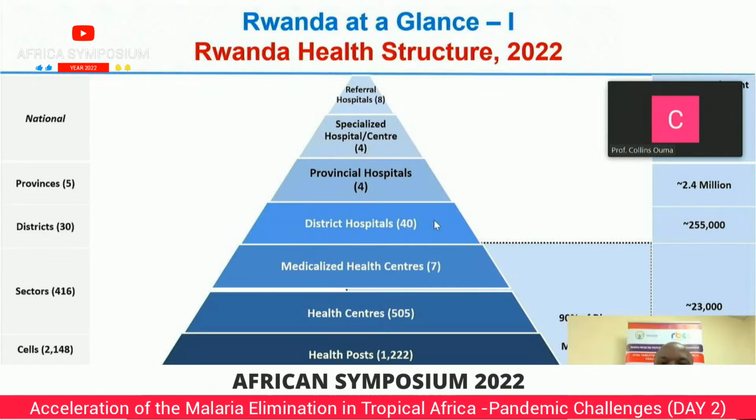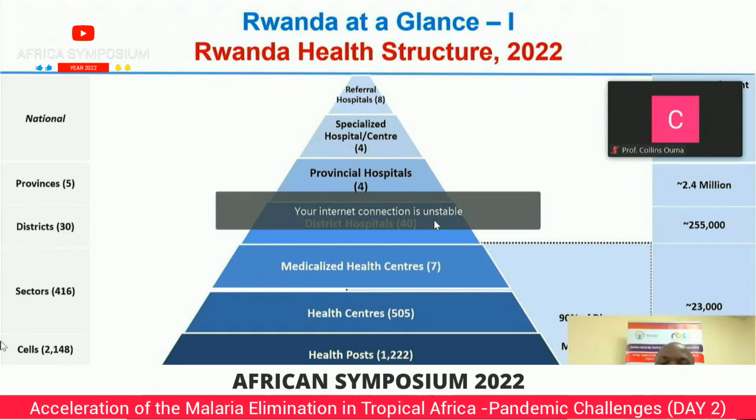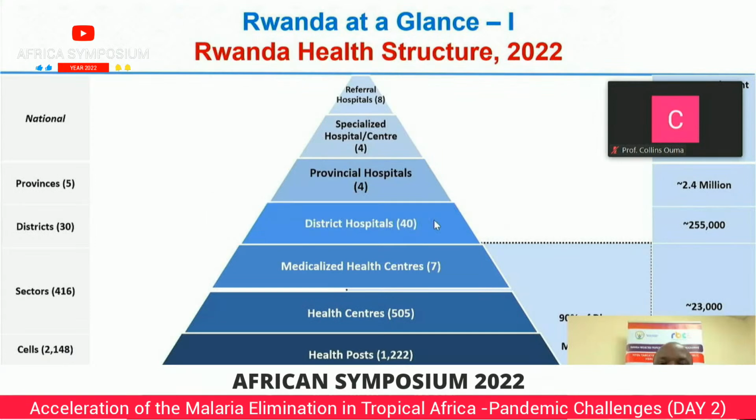In the middle we see that we have referral hospitals, we have provincial hospitals. In each province we have at least 1 provincial hospital, except in Kigali City where we have only referral and teaching hospitals.